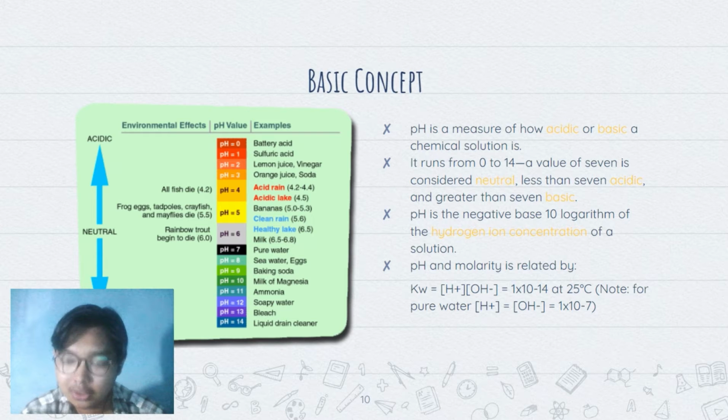We use log because it's a base 10 logarithm, and pH and molarity are related by Kw equals the molarity of hydrogen ion times the molarity of OH ion, equals 1 times 10 to the power of minus 14 at a temperature of 25 degrees Celsius. For pure water, note that the molarity of hydrogen and OH is equal to 10 to the power of minus 7, with Kw being the water constant.